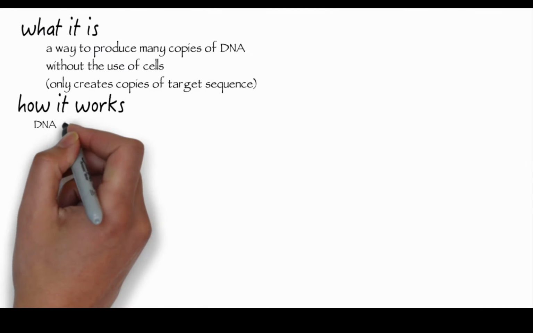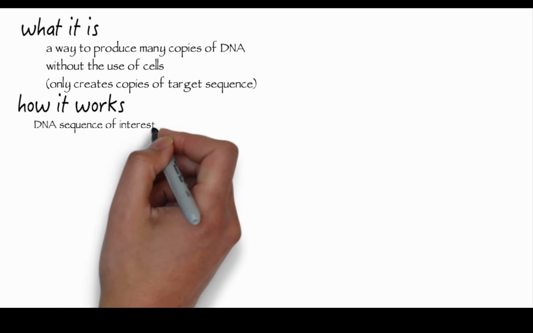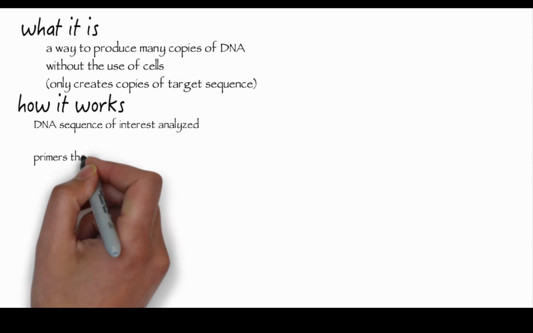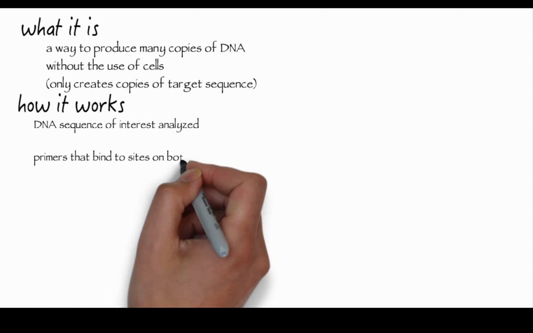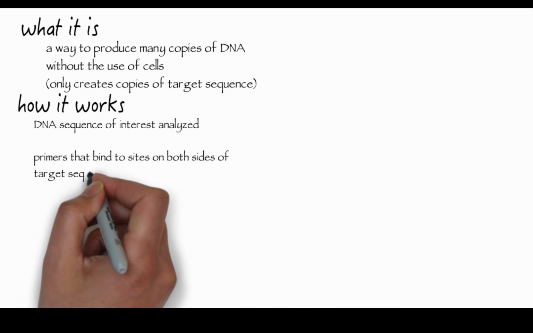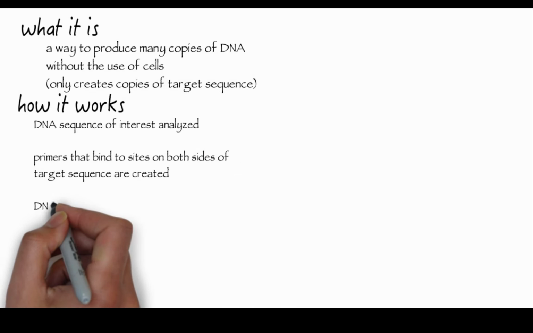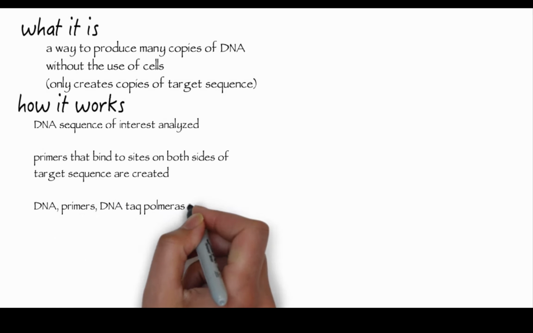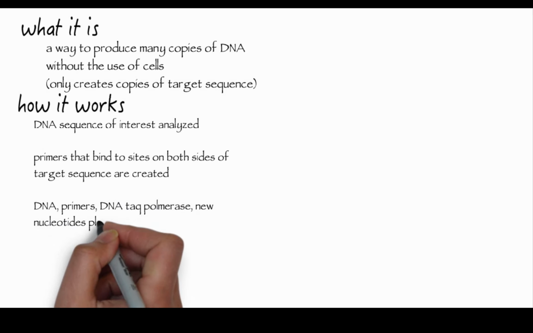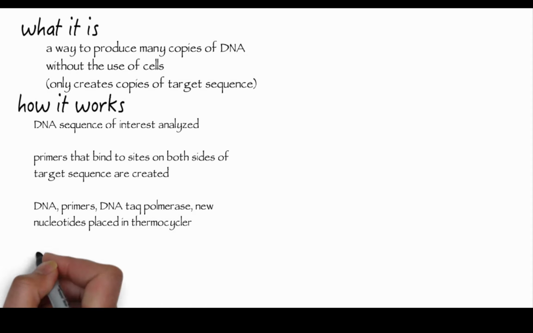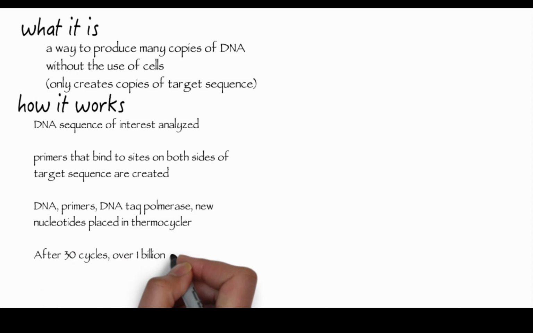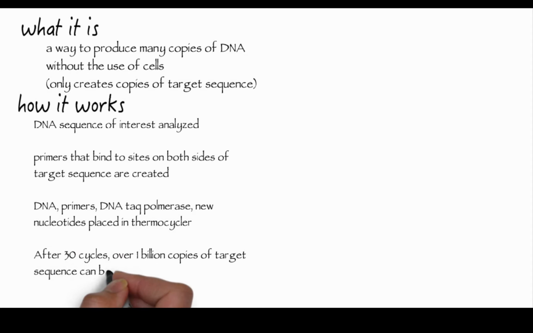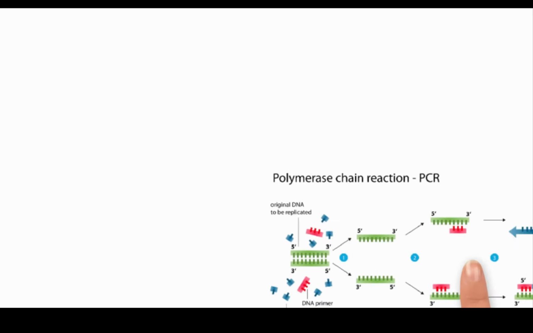Here's how it works. The DNA sequence of interest is analyzed. Primers that will complementarily bind to both sides of the sequence are created. The DNA primers attach to polymerase, which is one that can withstand high temperatures, and new nucleotides are placed into a machine called a thermocycler. After 30 cycles or replications, over 1 billion copies of the target sequence are produced.